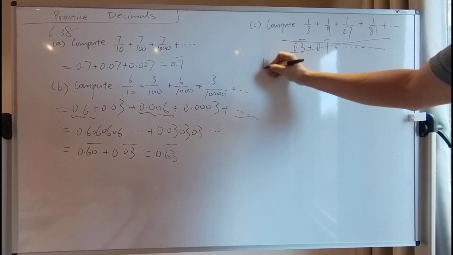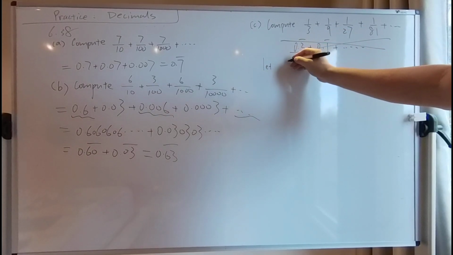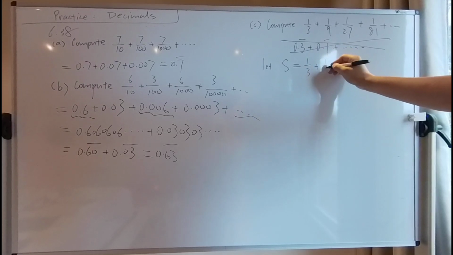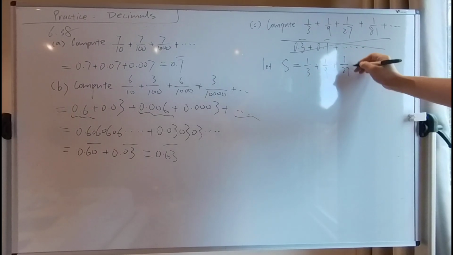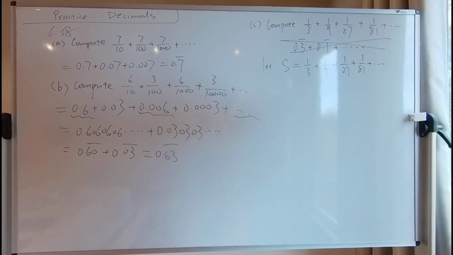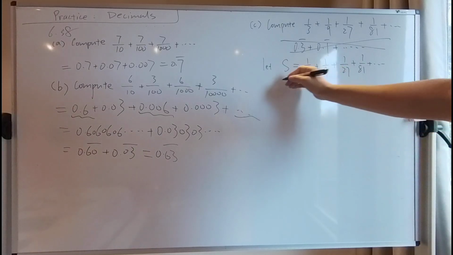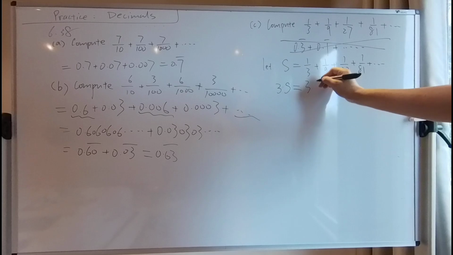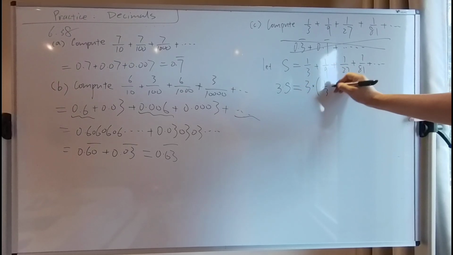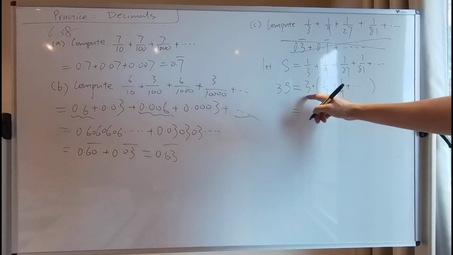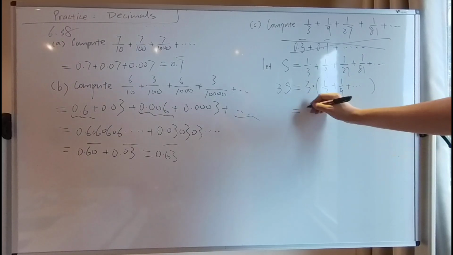So for example, I can let the sum s be 1/3 plus the original sequence, right? And then because I observe that each denominator is increased by 3 times, 3 times s is 3 times this sequence. And then if I put this in, 3 times 1/3 is 1.